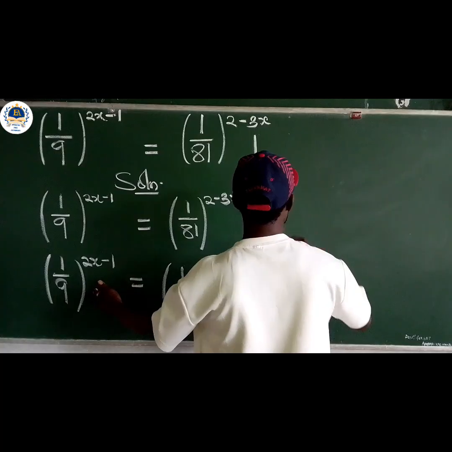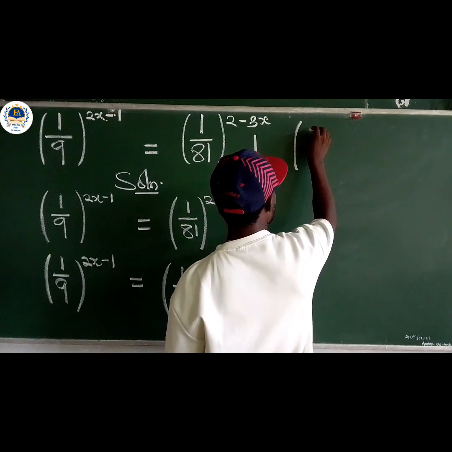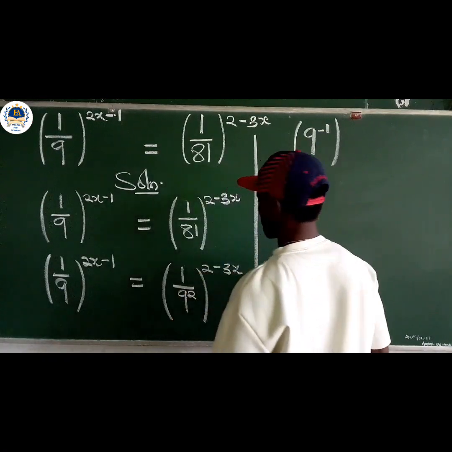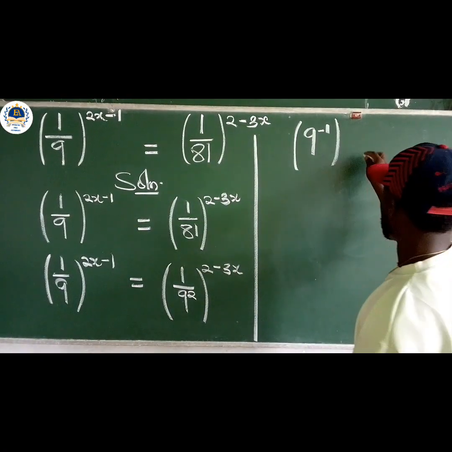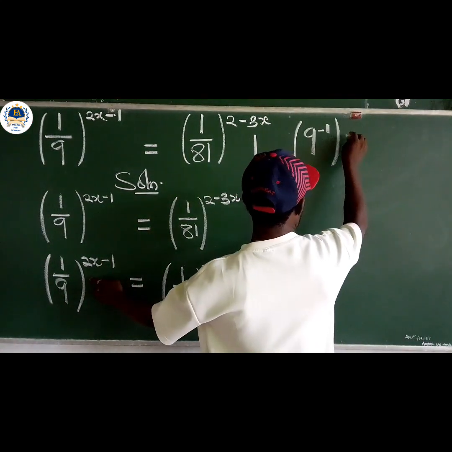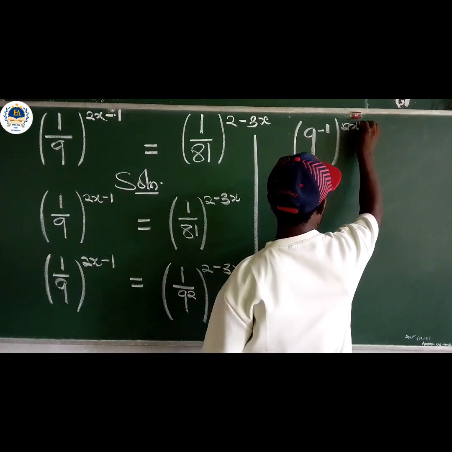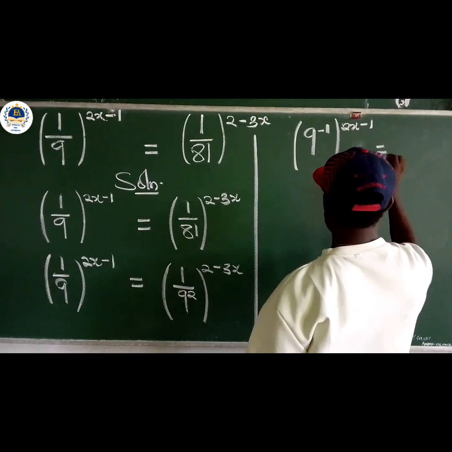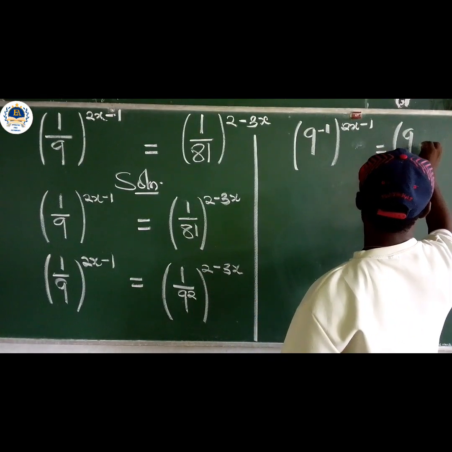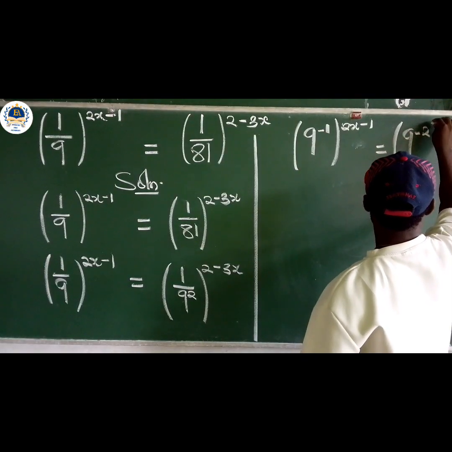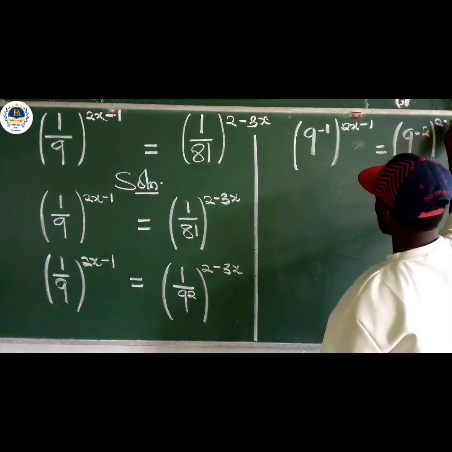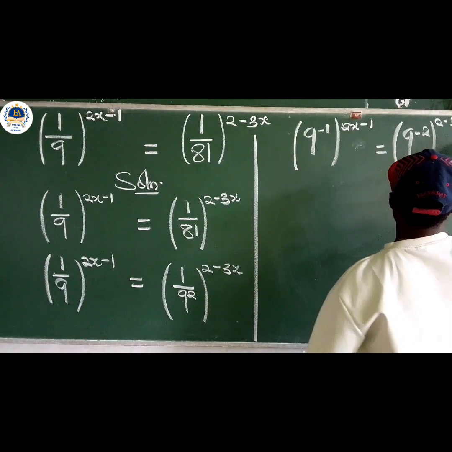So from here, we have in bracket 9 raised to the power of minus 1, which is equal to, the power is 2x minus 1, which equals, over here, we have 9 raised to the power of minus 2 from the negative power law, and the power becomes 2 minus 3x.